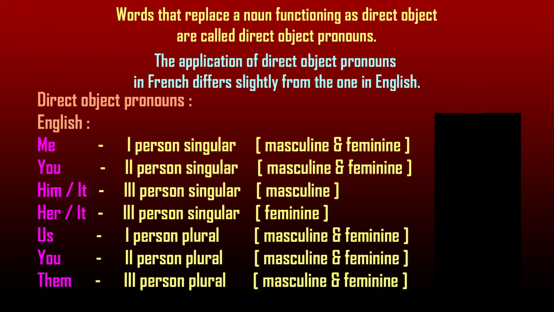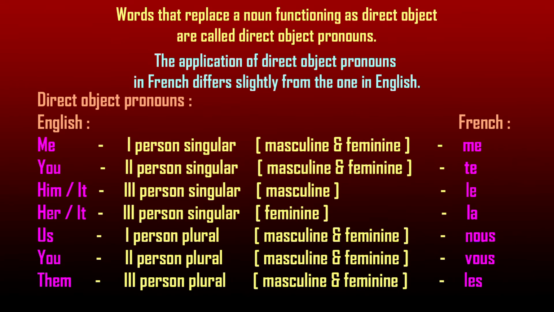We find out these words in French. Me in French is me, M-E, me. You, second person singular, in French is te, T-E, te. Him or it is le, L-E, le. This is third person singular masculine.